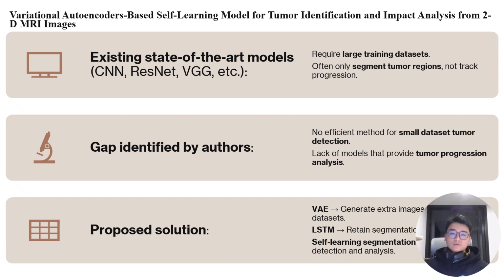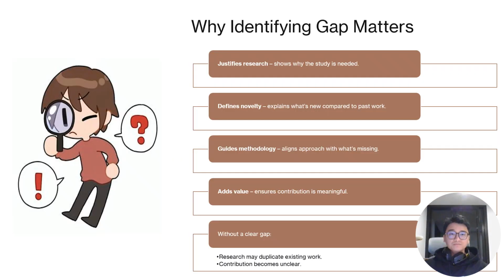They don't tell us about tumor progression over time, like how the tumor is growing or spreading, and that's an application gap. The author addressed both by introducing a self-learning model to segment the tumor and then identify the tumor region. By doing so, they fill the gap of small dataset detection and progression analysis.